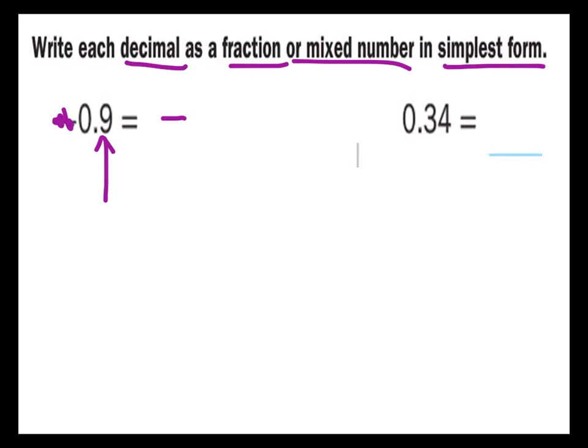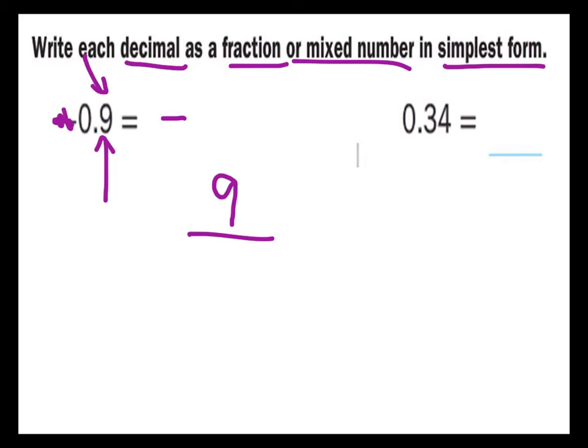What we're going to do is write the 9 out. That is going to be your numerator. We're going to put that over the place value that it's in, which is, like Nate said, the tenths. If you're struggling with the place values of these, just look in the back.